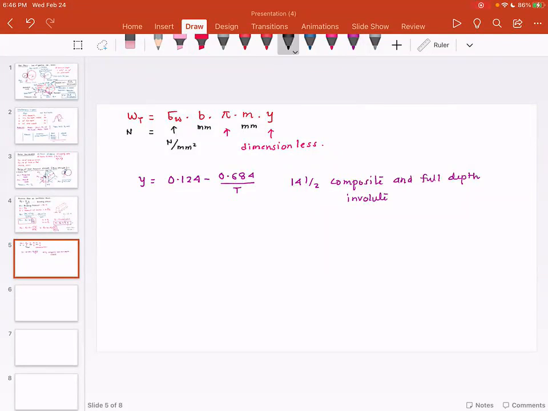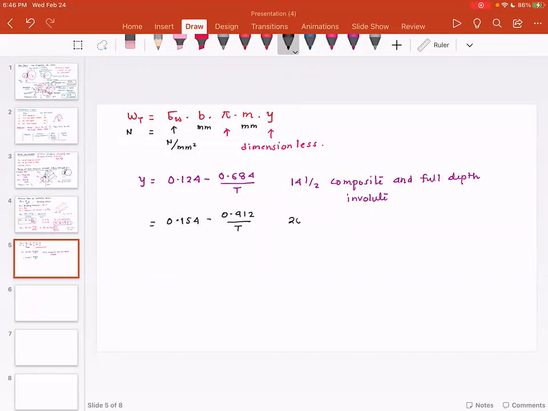The next expression, if you have a 20 degrees full depth, is 0.154 minus 0.912 divided by T, where T is the number of teeth.